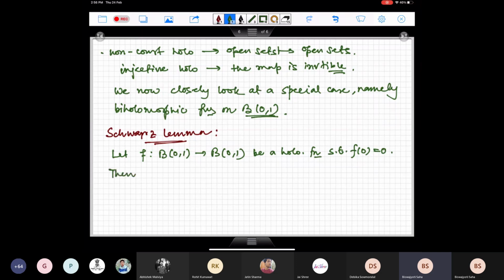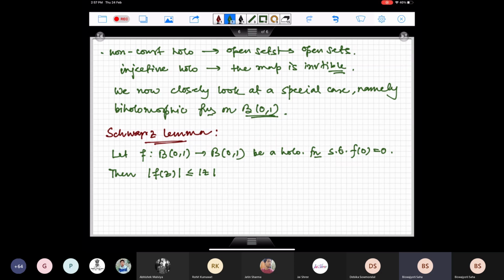Then I have that mod of f of z is less than or equal to mod z. That's number one. For example, if you think of the function f from B01 to B01 to be just z, or some constant times z, where the constant has modulus less than or equal to one, these are the kind of candidates one would assume.